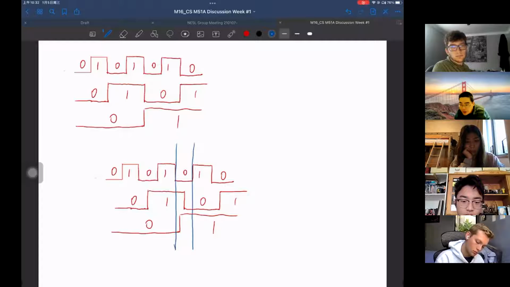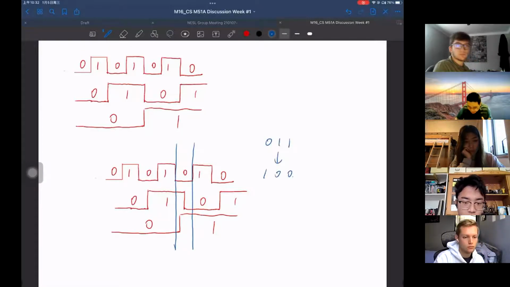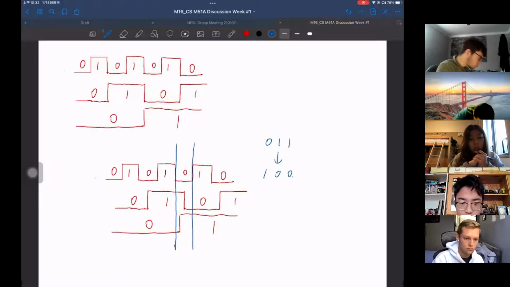Is everyone still following me? I'm starting from the transition from 011 to 100. Can anyone tell me how many bits change simultaneously here? That's 3 bits, right? So we have 3 bits changing simultaneously, and it will cause problems because of the delays. In the end, what we have in this region is actually 4 regions.